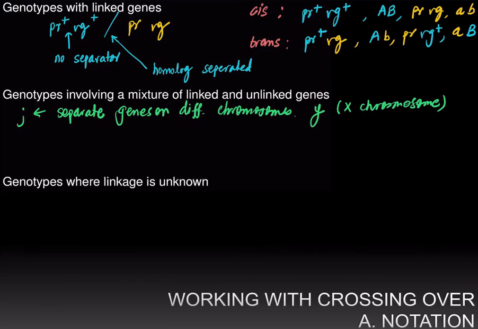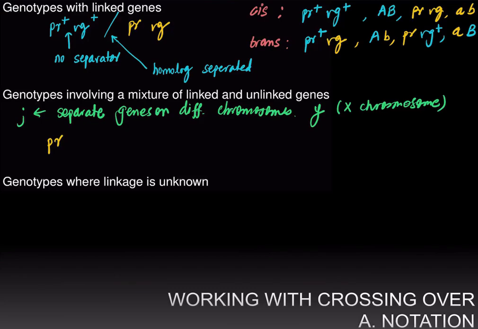Let's say we wanted to write the genotype of an individual who is homozygous recessive for purple, heterozygous for vestigial, and homozygous recessive for yellow. We would write this individual's genotype as follows.